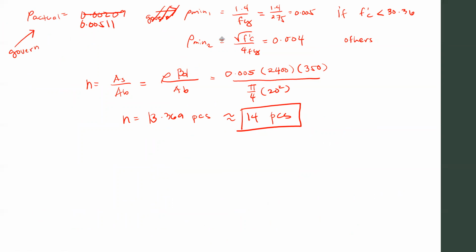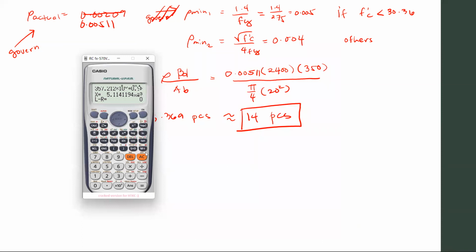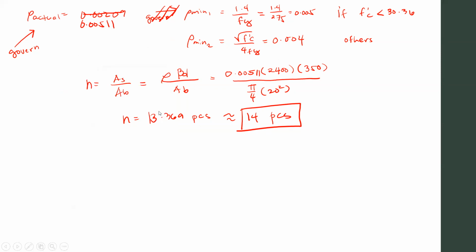Then 0.00511 multiplied by 2,400 multiplied by 350, okay, so 4295. Divide it to 0.25 divided by 20 squared. You have 13.674. So almost the same, still about 14 pieces.